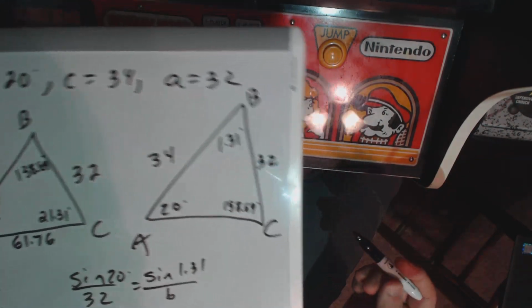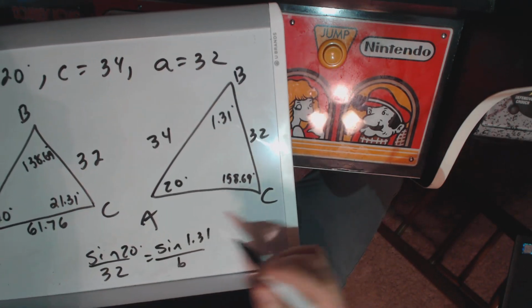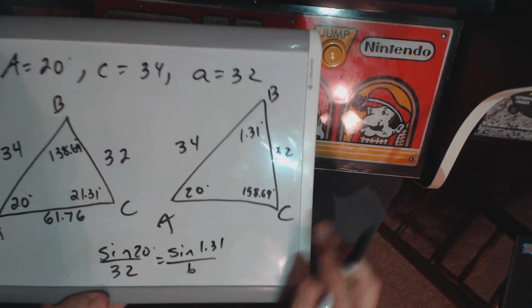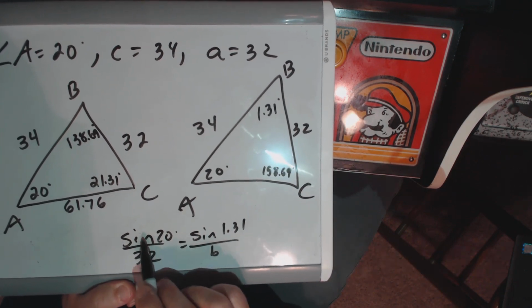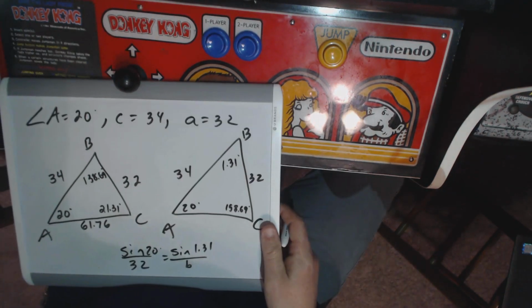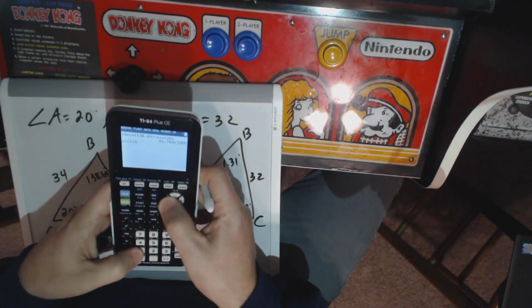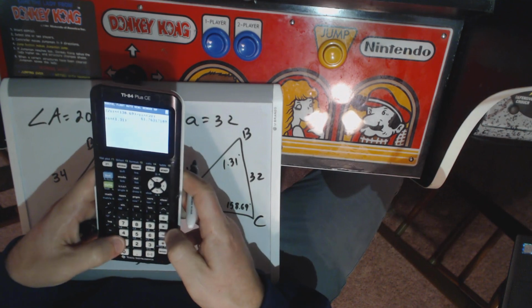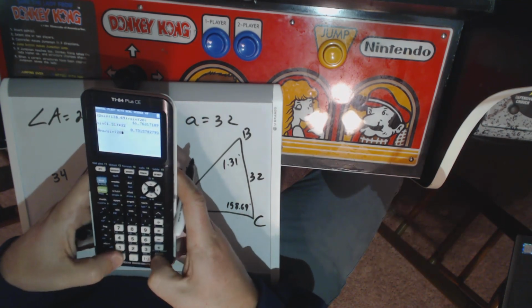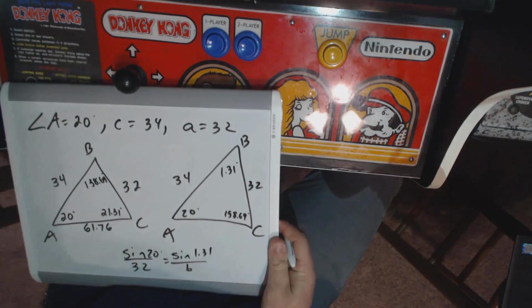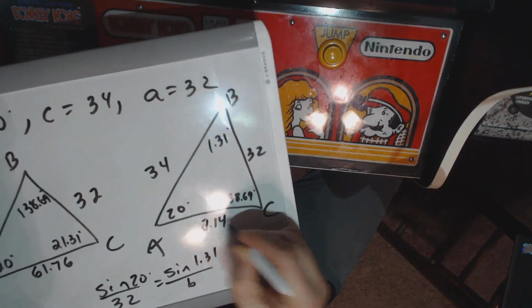I'm just kind of lazy, so I use what they gave me, the 20 and the 32. You can use that every time. With a little algebra here, look, sine of 1.31 times 32, hit enter, then divide that by the sine of 20. And over here, I got about 2.14, okay?